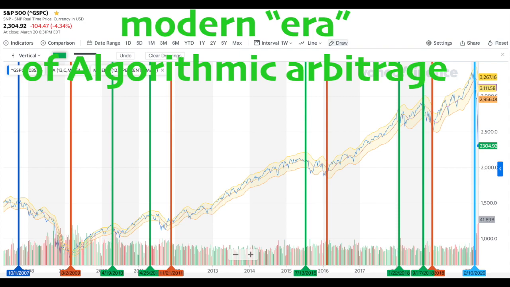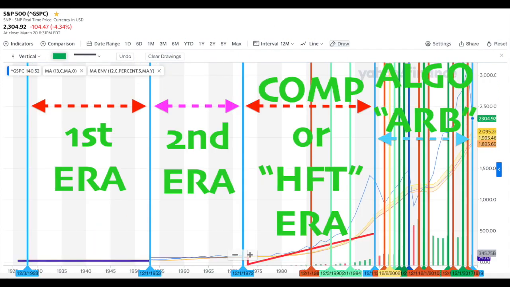So here are some more details of the algorithmic arbitrage era. Looking back at everything, you can see how we've laid out the entire history of the stock market. You have the first part, the 1929 to 1953, 55 era, then all the way up to about 1972, 74, and then this high frequency first computer era all the way up to 2001.